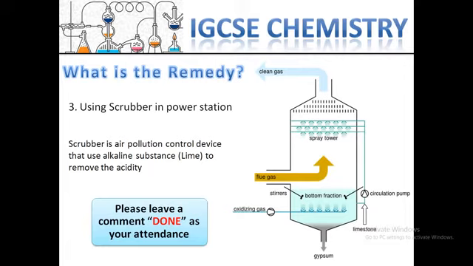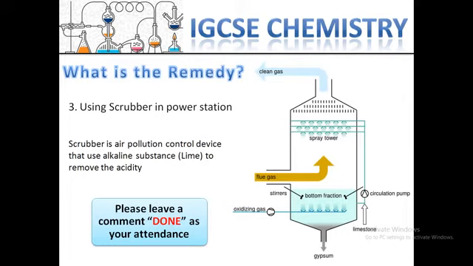The third one is using a scrubber in a power station. Power stations actually produce lots of pollutants in air, like any factory that I showed you in the first slide.